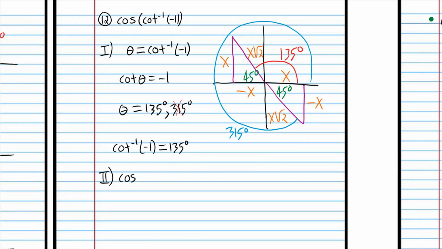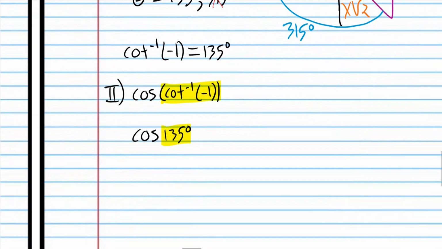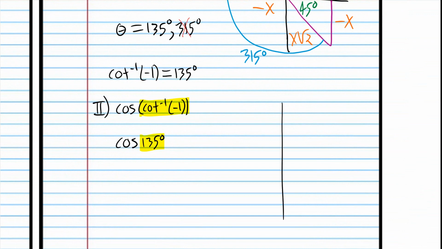So cosine of cotangent inverse of -1 is the same thing as cosine of 135 degrees, because we found that inner part in the first part of the problem. And now we just have to find cosine 135 degrees.